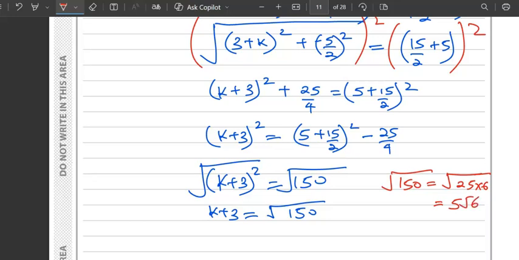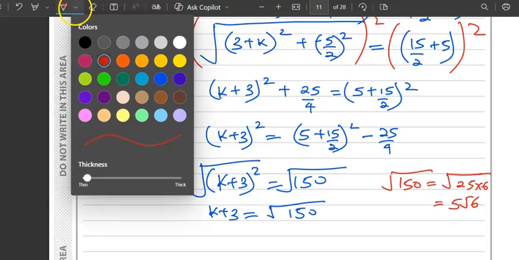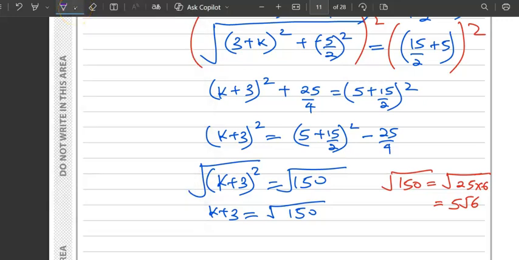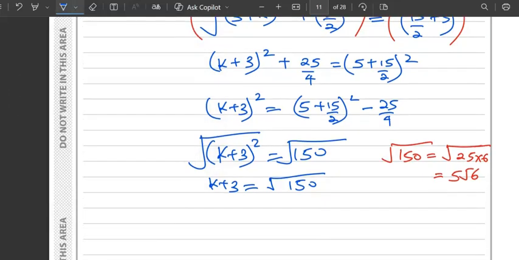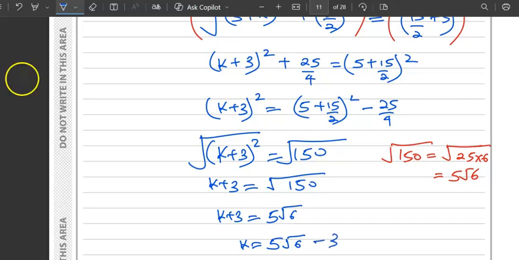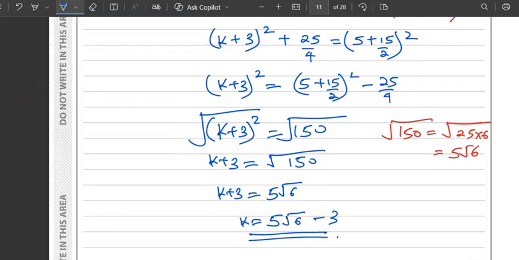So once we replace this, k plus 3 will equal 5 root 6. Taking 3 to the other side of the equal sign, k will equal 5 root 6 minus 3. And this is the value of k.